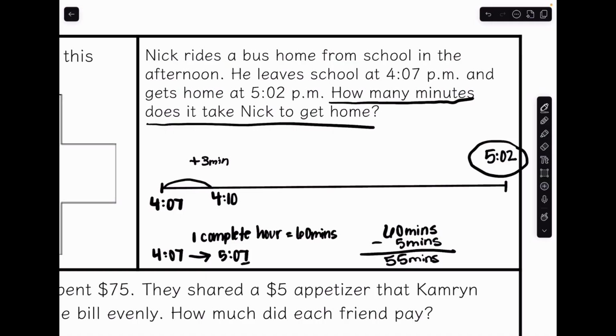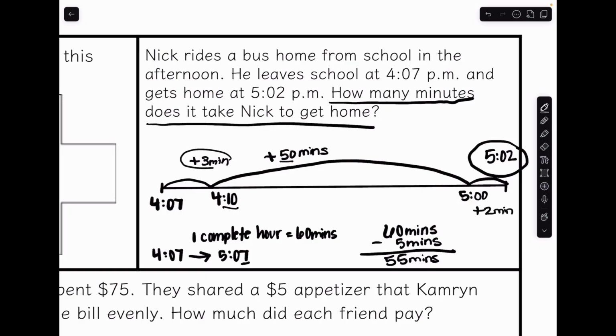Well, 10 is no longer a hard or an awkward time to work with, right? If I wanted to add 50 minutes to 4:10, so plus 50 minutes, that puts me at 5 o'clock because 10 plus 50 is a complete hour, so it gets me to the next hour. And then from 5 o'clock to 5:02, that is plus 2 minutes.